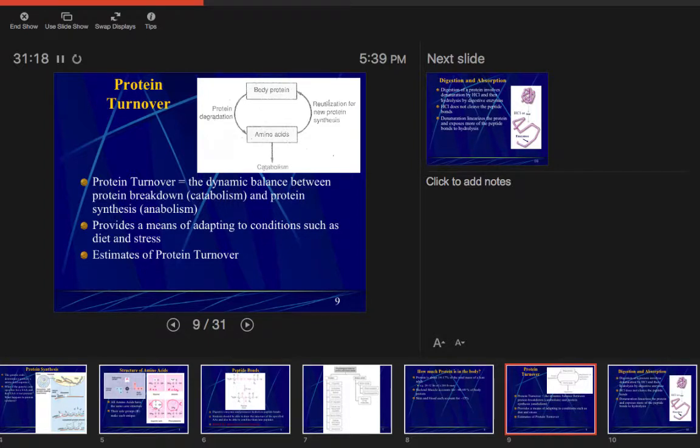And here's the reason that's so important to think about this. There's a way that we can estimate how much protein is undergoing protein turnover in the body at any given time. So in a 24-hour period, we can estimate how much protein in the body has undergone turnover. And here's the way you calculate this. That number tends to be about 4.6 grams of protein per kilogram body weight.